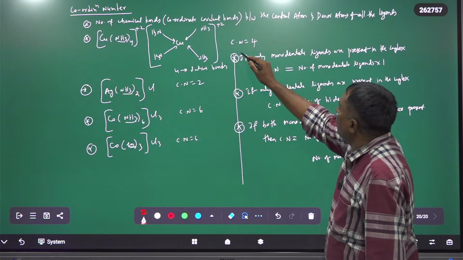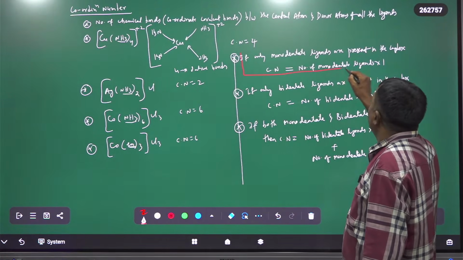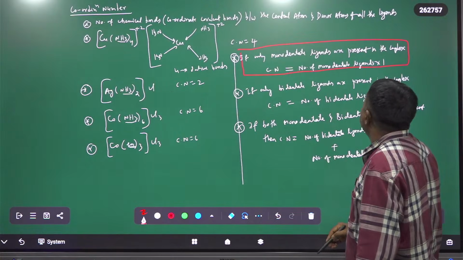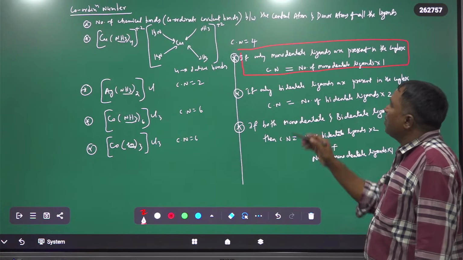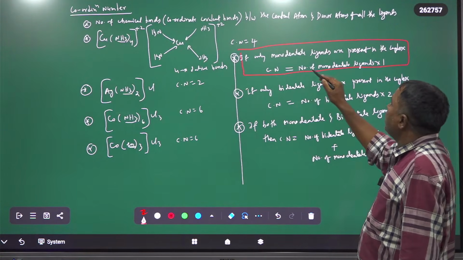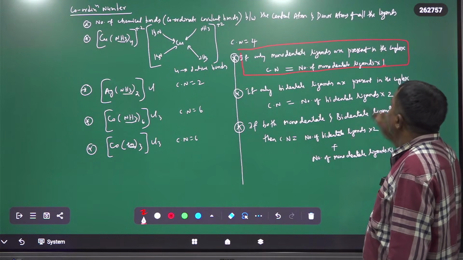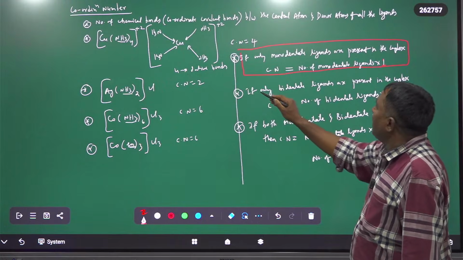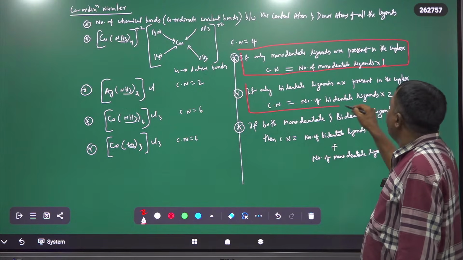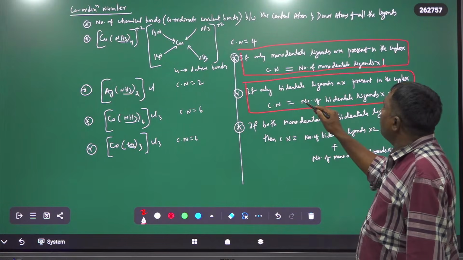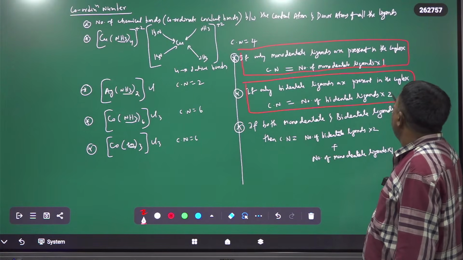If only monodentate ligands are given in the complex, coordination number is equal to number of monodentate ligands into 1 only. If only bidentate ligands are present in the complex, coordination number is equal to number of bidentate ligands into 2.